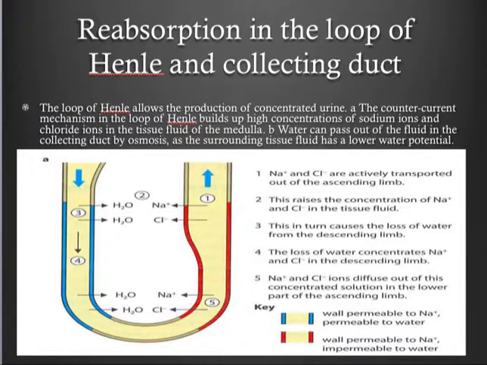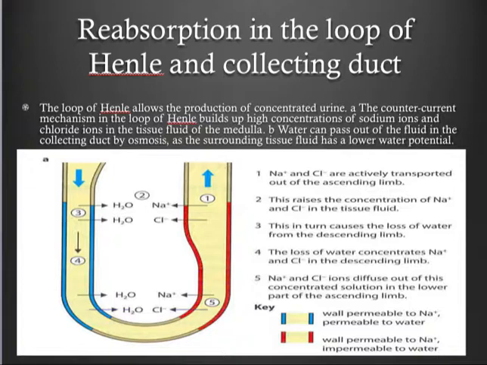The function of these long loops is to create a very high concentration of sodium and chloride ions in the tissue fluid in the medulla. So as you can see, this enables a lot of water to be absorbed from the fluid in the collecting duct as it flows through the medulla. This allows the production of very concentrated urine, which means that water is being conserved in the body rather than lost, which helps us to prevent dehydration.